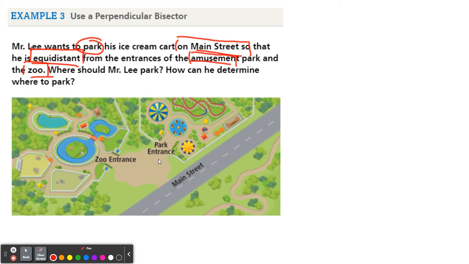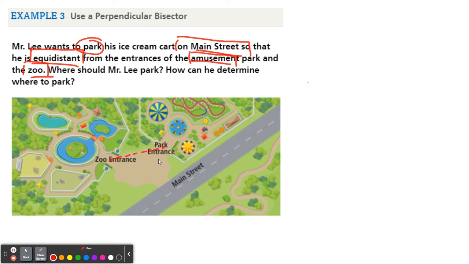So if we look here, I'm going to make this dot the entrance to the zoo and this dot the entrance to the amusement park. So this is an application of the perpendicular bisector theorem, right? We need to find the perpendicular bisector between the zoo entrance and the park entrance. So I'm going to make this a segment.